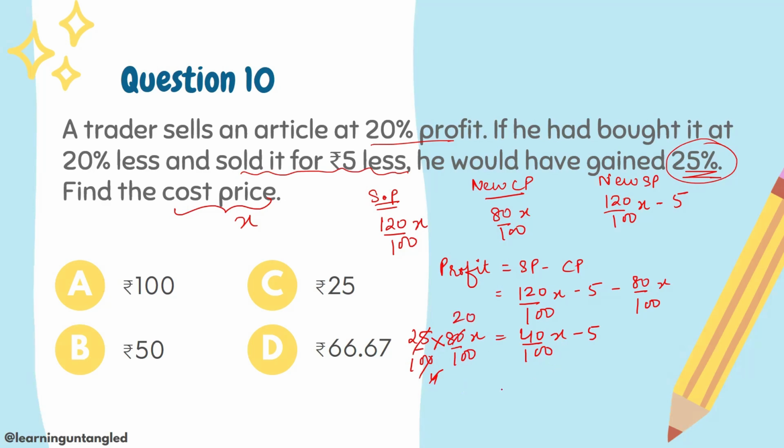So let's simplify this. I get 5 comes here. So 40 by 100x minus 20 by 100x becomes 20 by 100x, right? Which is 1/5. And therefore, when you solve this, x is 5 times 5, so x is 25, or my cost price is C, 25 rupees.